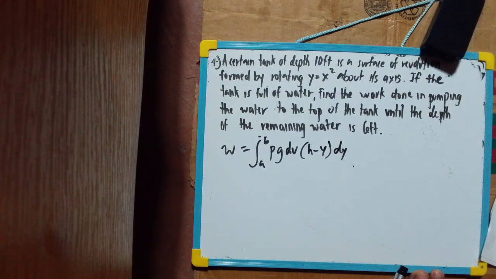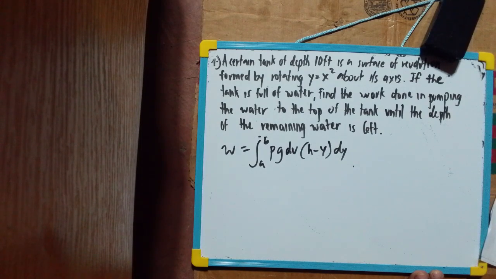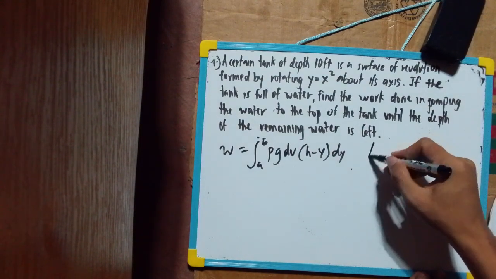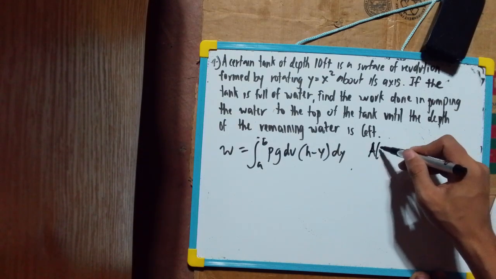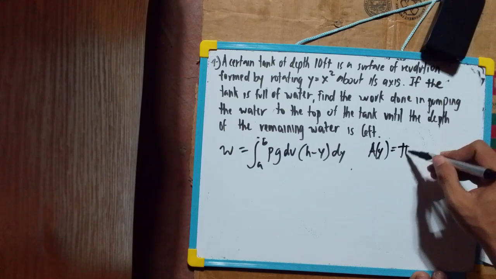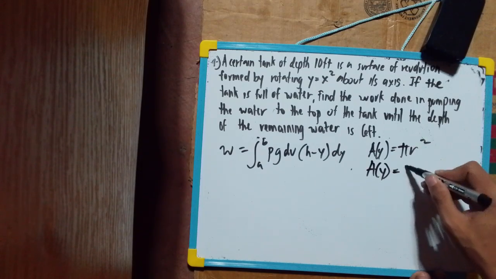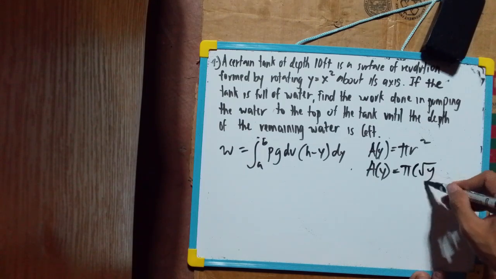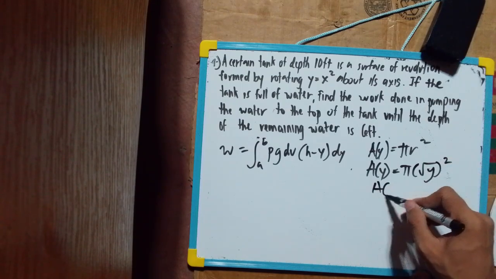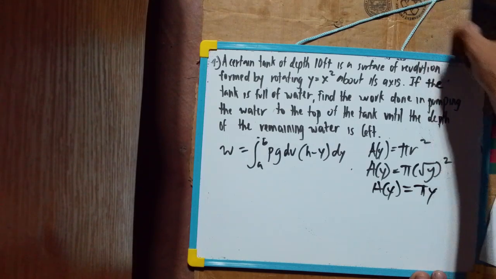So that is the formula for work involving liquid density. So let's find the area. The area A of y is pi r squared, as we all know. Since our radius is square root of y, A of y is pi times square root of y squared, so A of y is pi y.